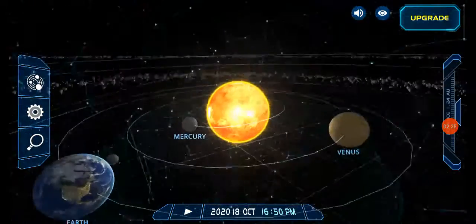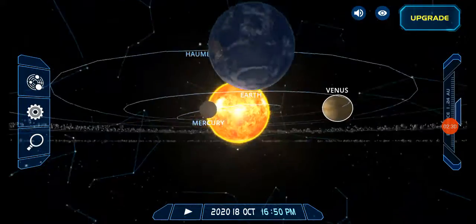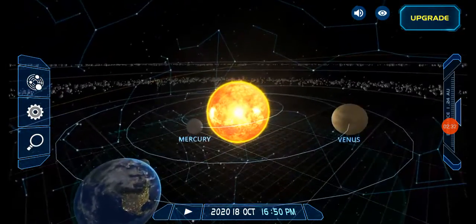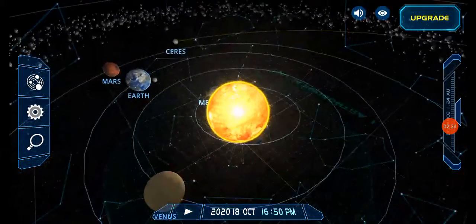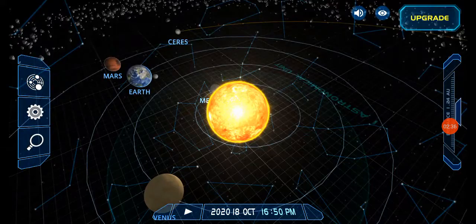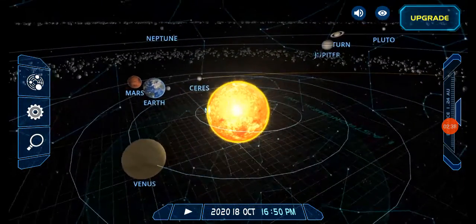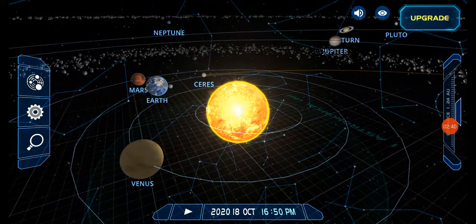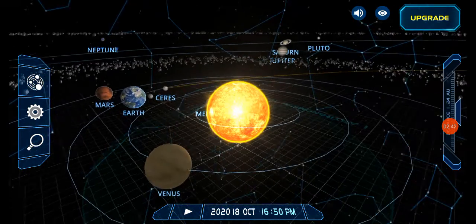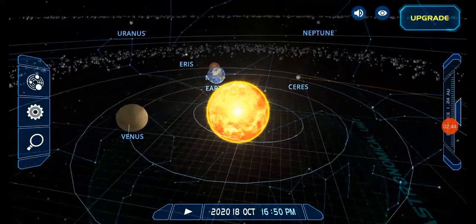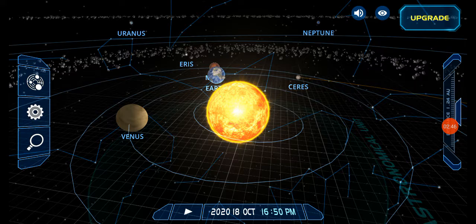Third is our planet Earth. The fourth is Mars. Then we have Jupiter, Saturn, Pluto, Neptune, and Uranus. In total there are around 8 planets. We'll discuss each planet one by one.